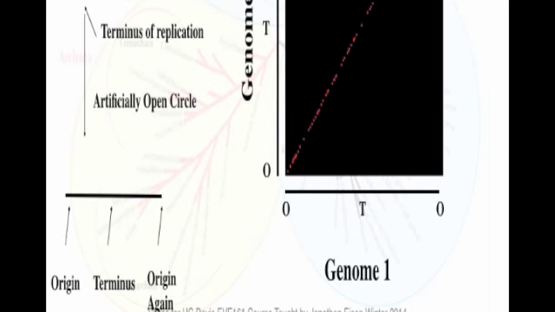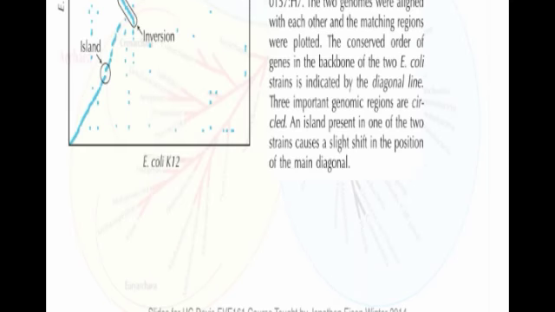And K12 has something like 600 genes not in the other one. So if you line them up with each other, all the genes versus all the other genes, you see mostly everything is along a diagonal. You see this little gap here, and then mostly things on the diagonal. Then here's an inversion where the genes are in an inverted order relative to the other one. And you go along, they're basically all roughly in the same orientation between these two genomes.